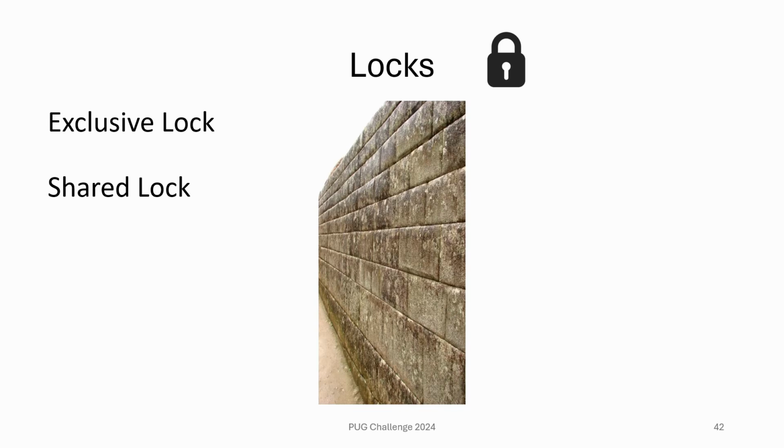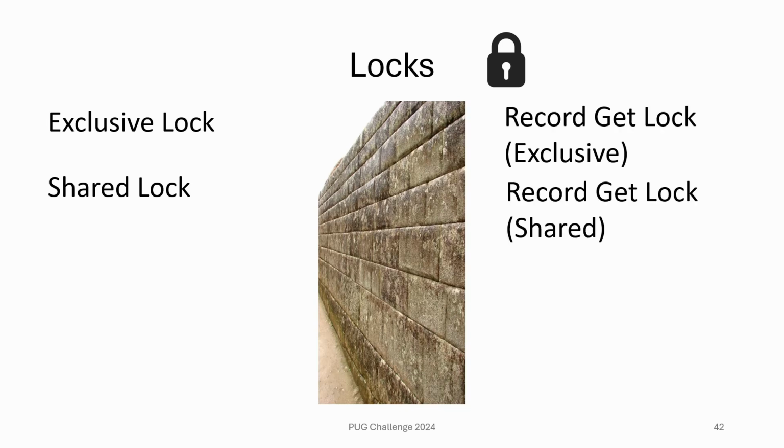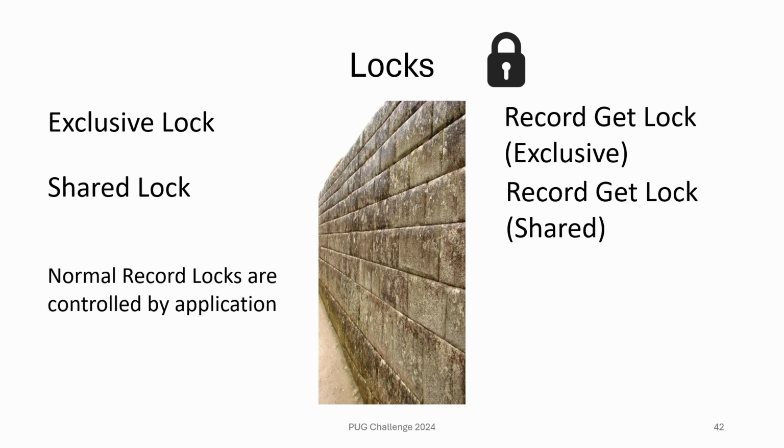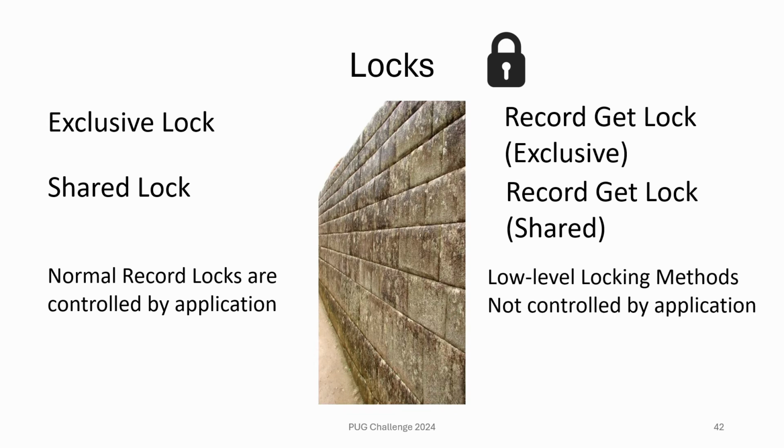Now, let's look at the difference between exclusive and shared locks and record get locks, which, by the way, could also be shared or exclusive. I put a kind of wall between them because they are very different. Normal record locks are controlled by the application, so you can control the scope of your transaction, and this way you can control how long an exclusive lock will be held.